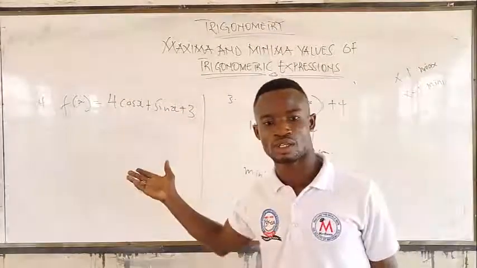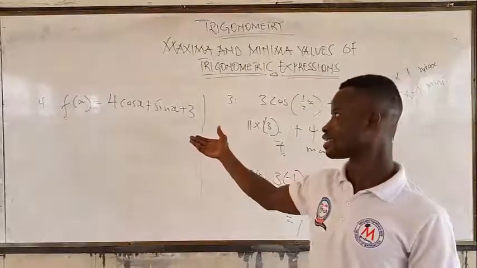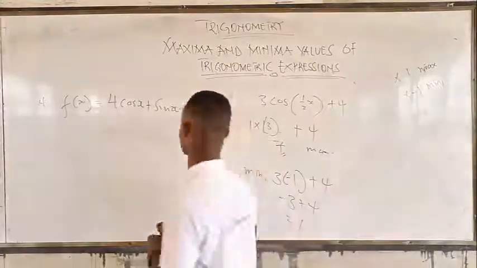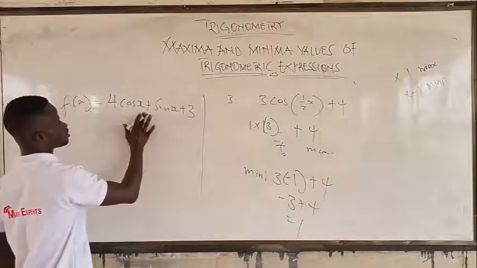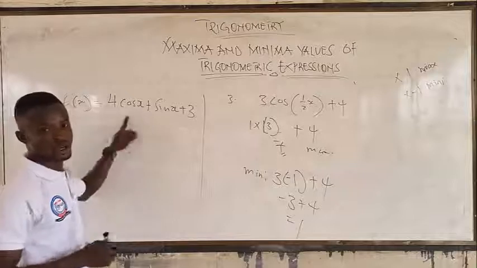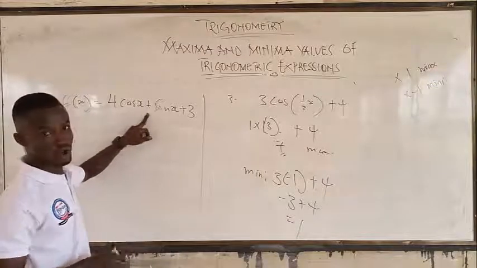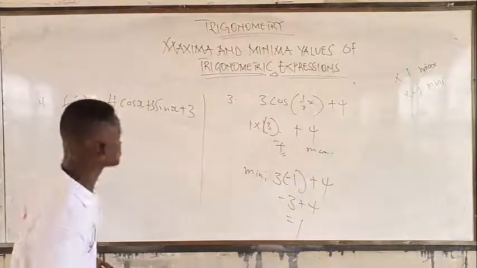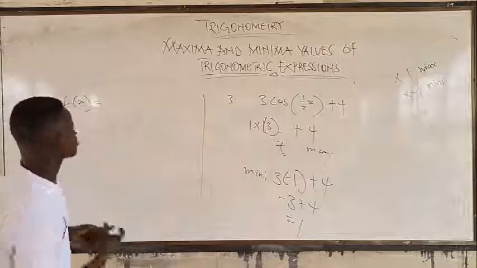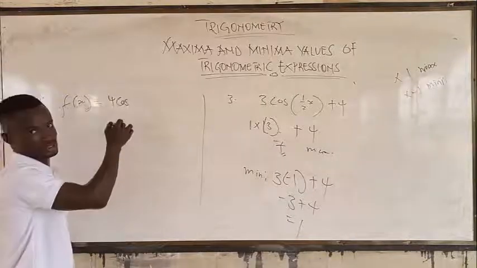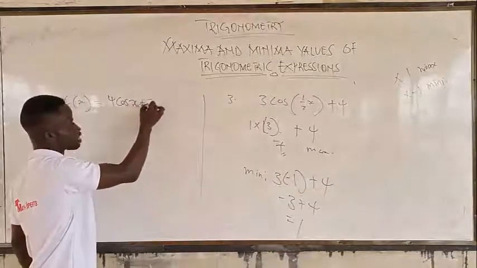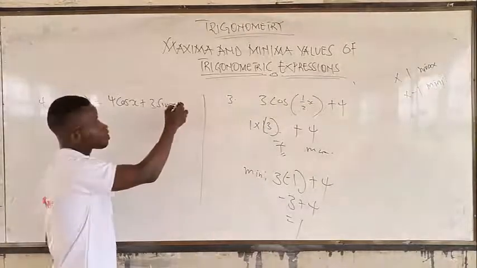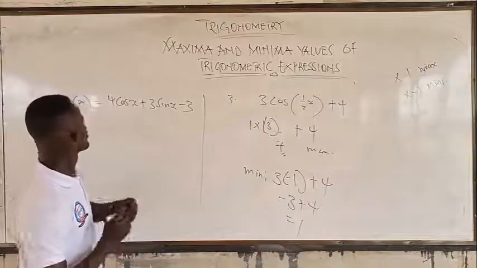Now, if you have a function like this, which one is going to be the maximum? Which one is going to be the minimum? The question is 4 cos s plus 3 sin s minus 3. Very good.